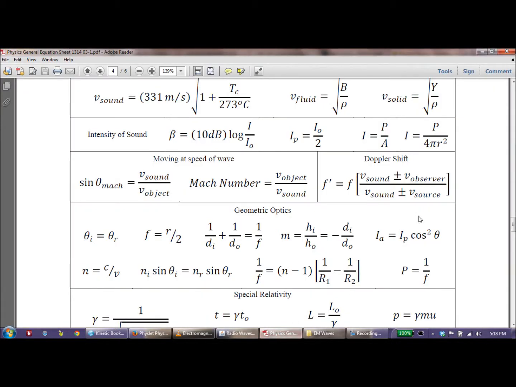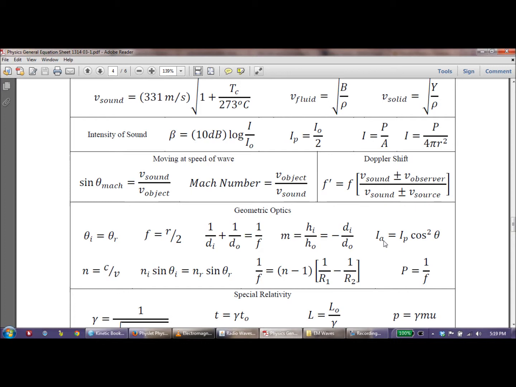If we look at our equation sheet, this is very similar to sound. Notice that the intensity that we had for sound was the power over the surface area of a sphere. That's the same equation we're going to use here for intensity as it spreads out. Later, when we talk about polarizers, the only equation we use with polarizers is right down here.